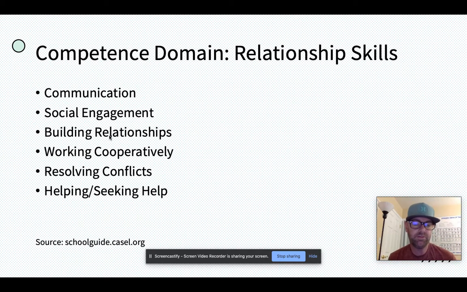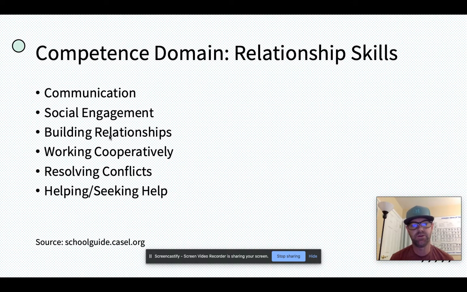Competence domain relationship skills. And this is one that I like to focus on. Communication, social engaging, building relationships, working cooperatively, resolving conflicts, and helping and seeking out help. So, like any relationship, professional or friendly, communication is key. And with students, we try to teach them it's important for them to communicate to us.